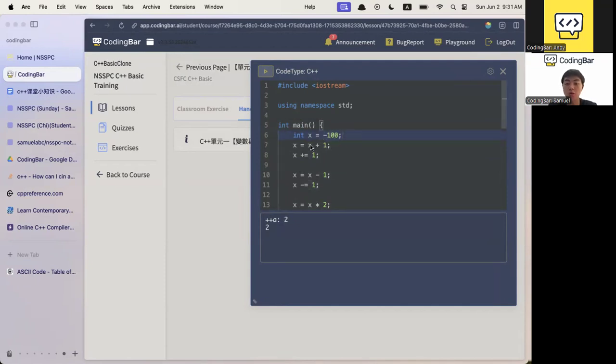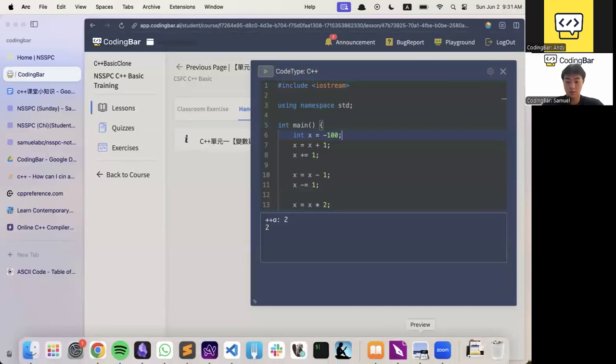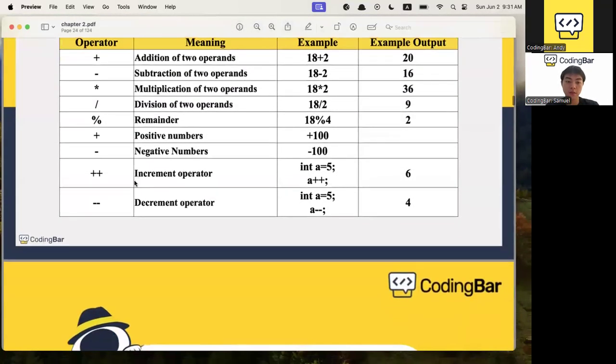So now your x will be a negative number. And there's also plus plus and minus minus. Plus plus is actually the short form of a equal a plus 1, and minus minus is actually the short form of a equal a minus 1. So plus plus increments your number by 1, and minus minus decreases your number by 1.